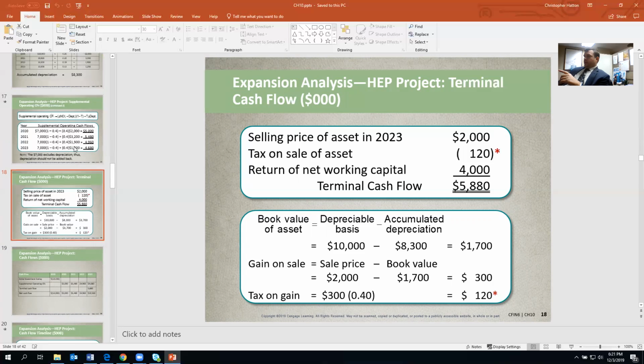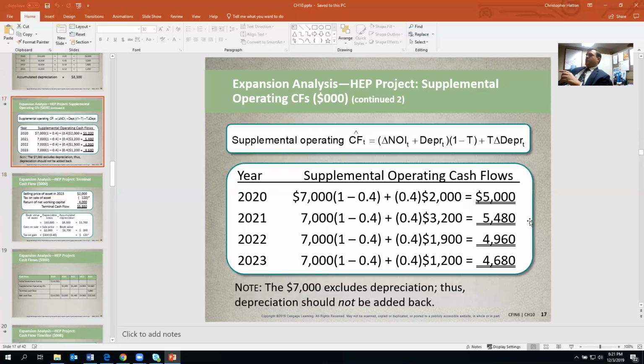You do that in this part right here. So that's your net operating income, which was again the 30,000 minus the 18,000 minus the 5,000, and then you do 1 minus the tax rate there.